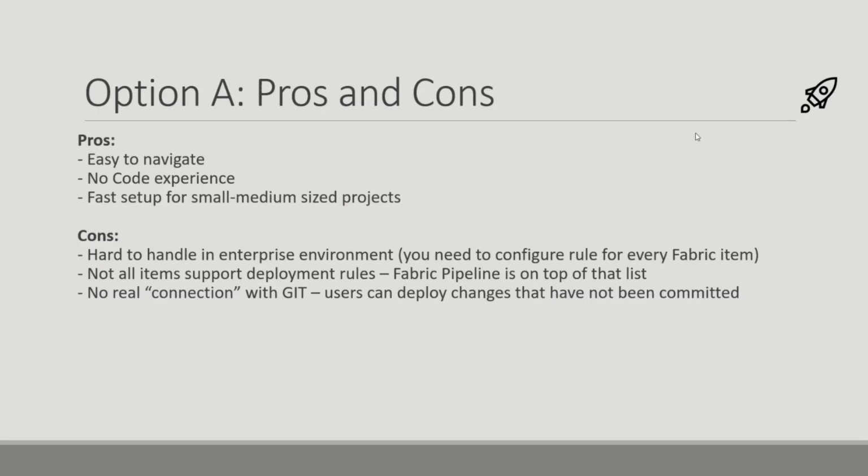One of those items that does not support this kind of rules is the Fabric Pipeline, which is at the top of that list because it is the main orchestrator within the Fabric environment. This is a big minus.